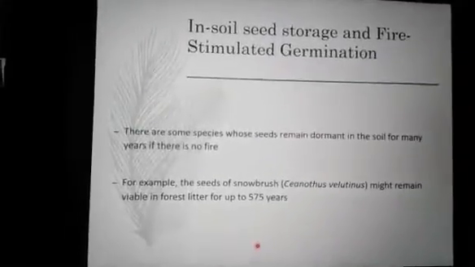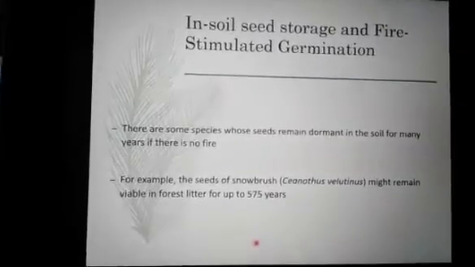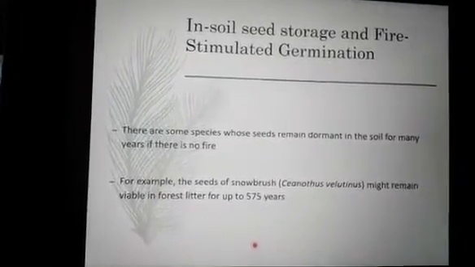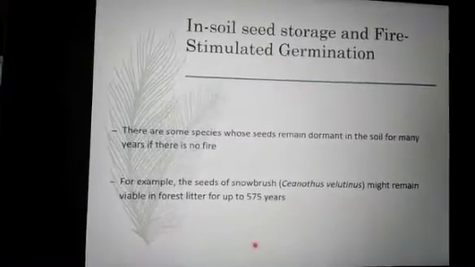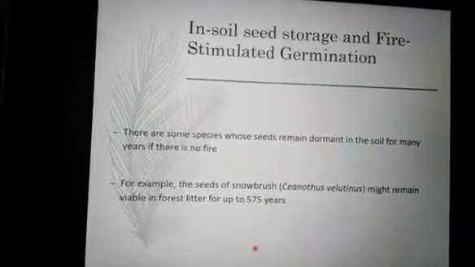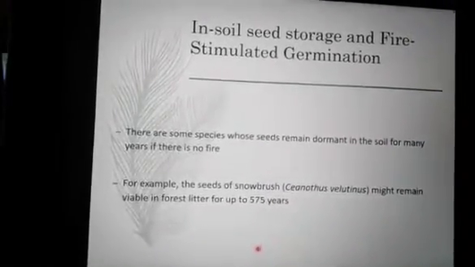Then in-soil seed storage and fire-stimulated germination. You find that there are some species whose seeds remain dormant in the soil for so many years until there is fire. If no fire occurs, no germination should occur.